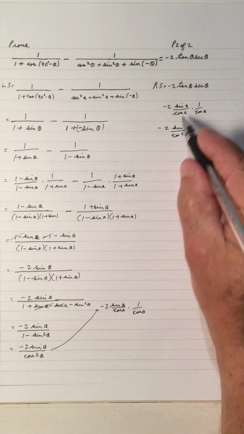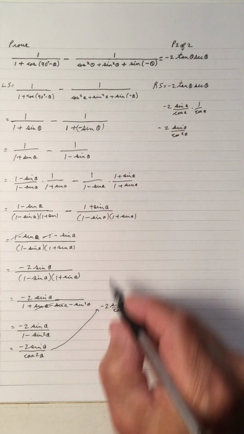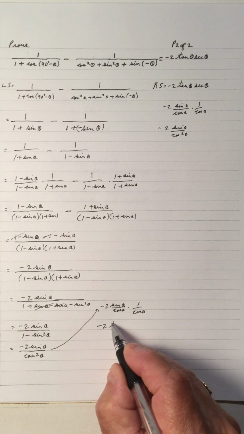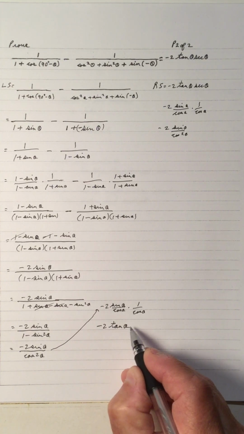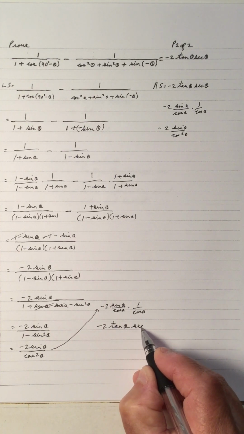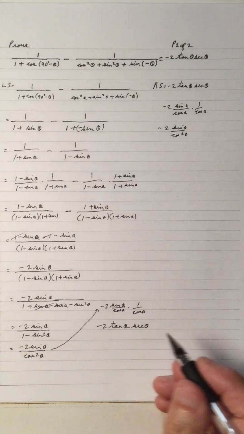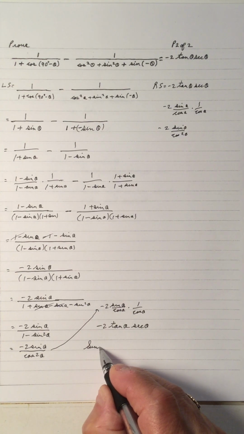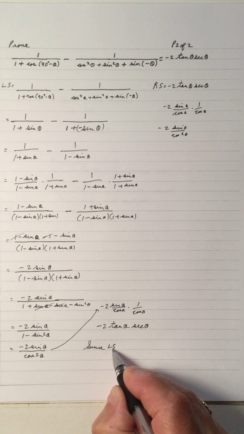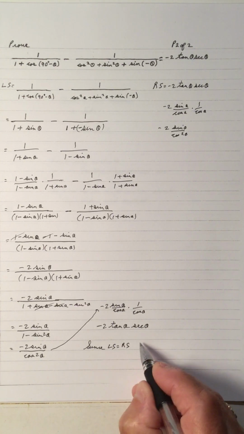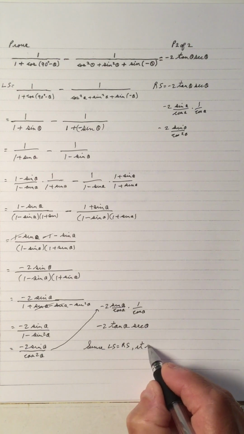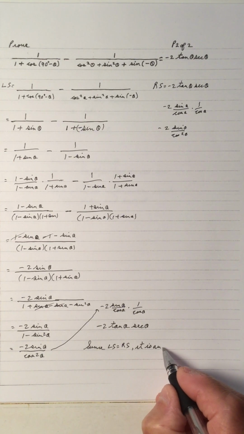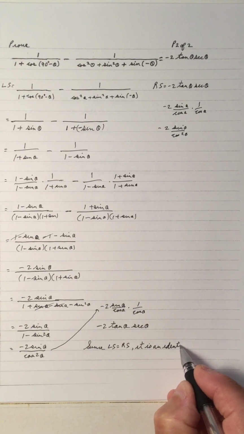So that step, I put it here. Now this step, negative 2, that's tan, and that's secant. And so we have it done. Since the left side equals the right side, it is an identity.